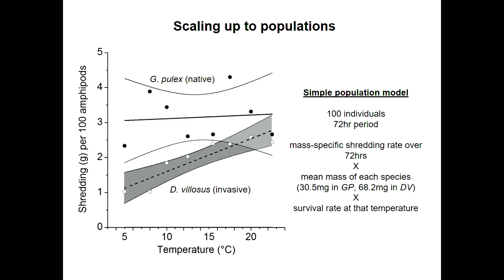And eventually what you see is that at the highest temperatures, it's shredding at the same rate as Gammarus pulex. So this is an example where, despite the fact that we've got an invasive that we know is damaging, actually, as climate change increases, potentially that biological invasion is going to offset the loss of our native species.